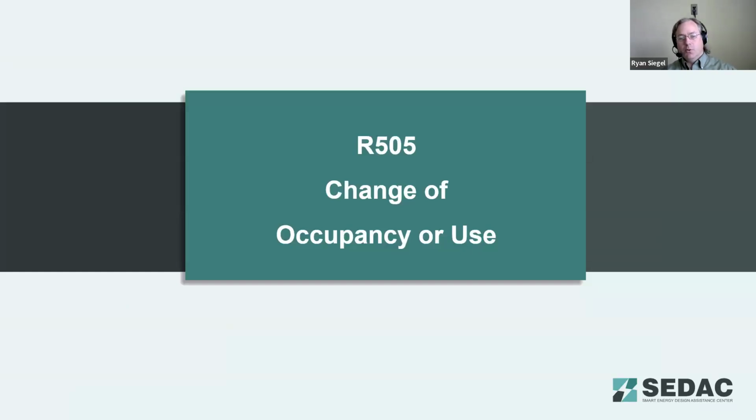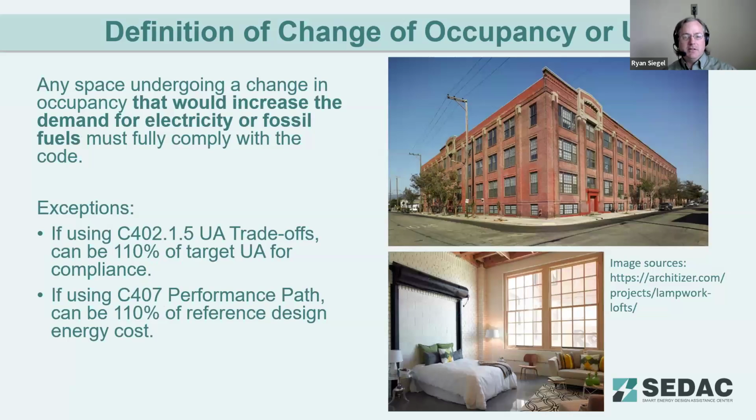Change of use or occupancy. This is the big boy. If you trigger this one, that is any space that's undergoing a change in occupancy that would increase the demand for electricity or fossil fuels, it needs to fully comply with the code.